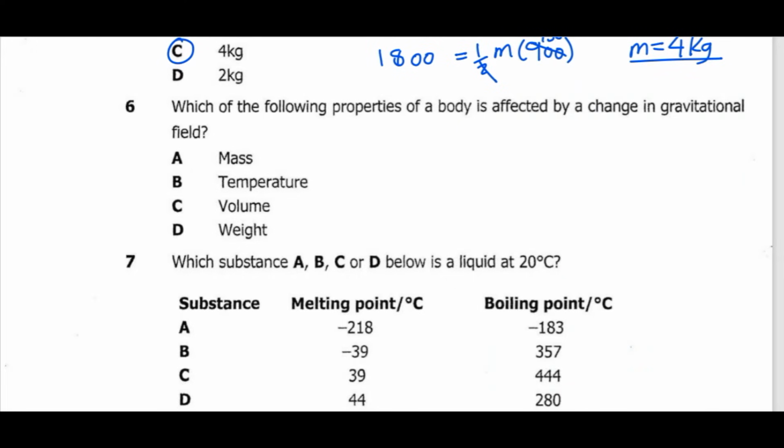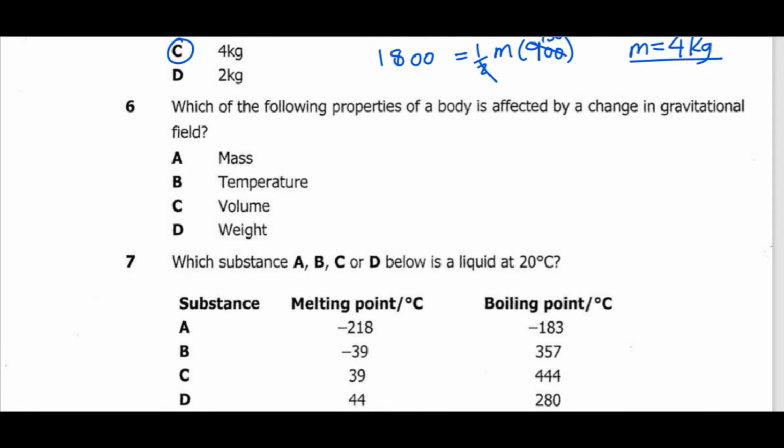Which of the following properties of a body is affected by a change in gravitational field strength? So if you look at mass, it does not change. The mass is constant regardless of the position where you place an object. Then if you look at the temperature, temperature cannot be affected by gravity.